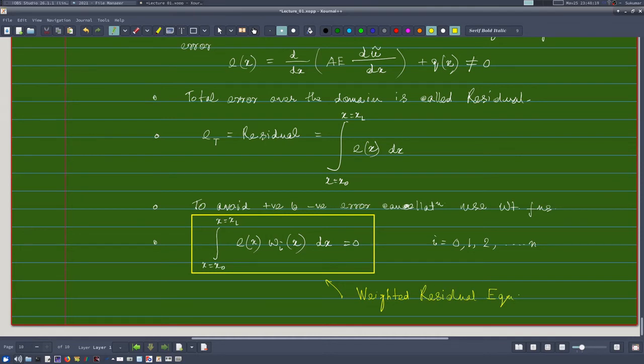And this weighted residual is also called the weak form of the governing equation. This is also called weak form of the ODE. That's how we convert the differential equation to an integral equation.